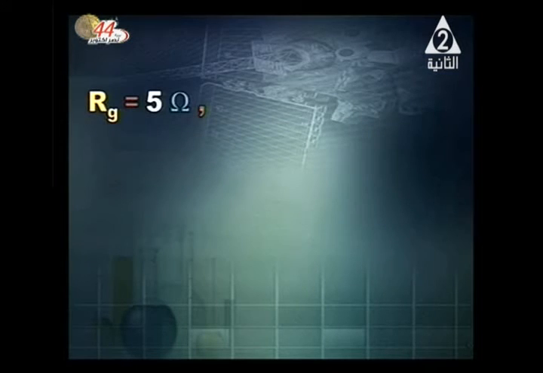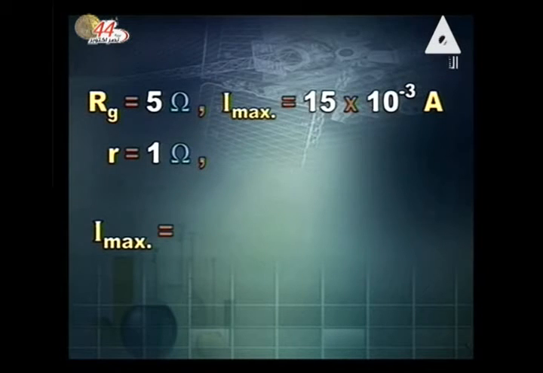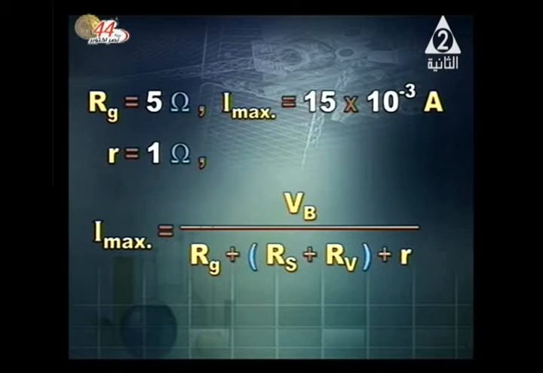Resistance of the galvanometer mentioned in the problem is 5 ohms. Full scale deflection, 15 times 10 power negative 3, 15 milliampere, converted into ampere by multiplying by 10 power negative 3. Internal resistance of the cell, 1 ohm, and the EMF of the cell is 1.5. So maximum current equals VB over RG, the resistance of the galvanometer, plus RS and RV.